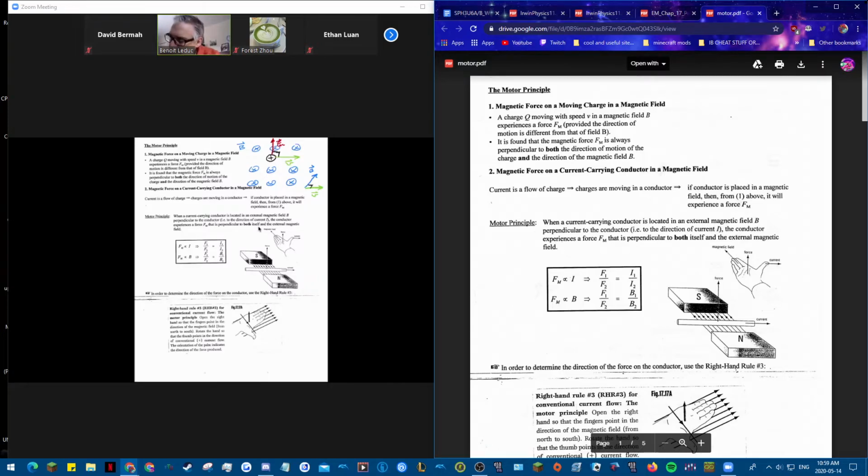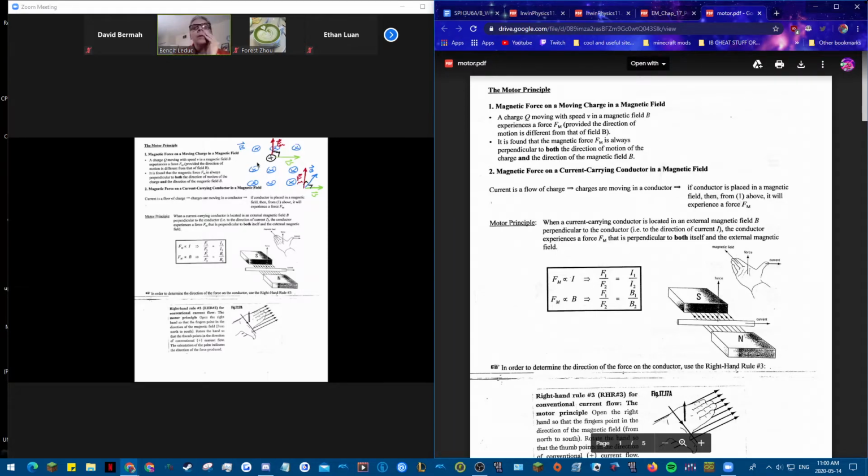Then the force will be like this, and this would also be 90 degrees perpendicular. So 90 degrees perpendicular to the field and 90 degrees perpendicular to the velocity, okay?